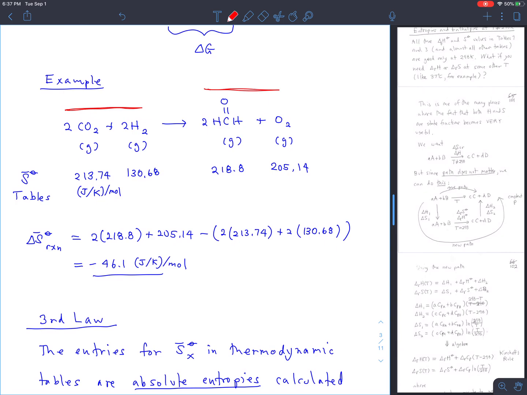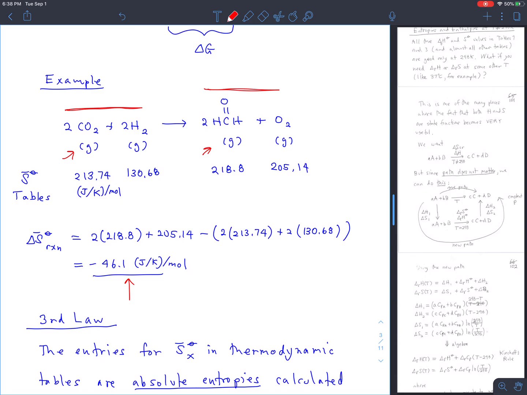So the fact that the delta S for the system itself is actually unfavorable is not surprising. Just looking at how many moles we have, and the fact that they're all gases, right? No liquids here, it doesn't surprise us that we get a negative number.